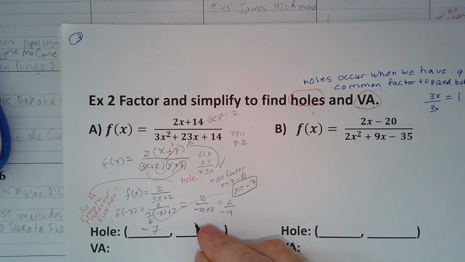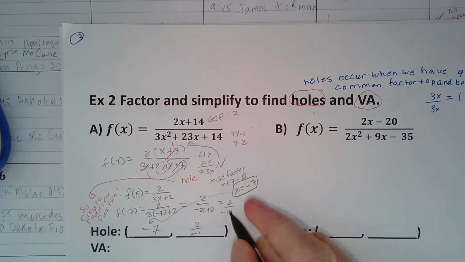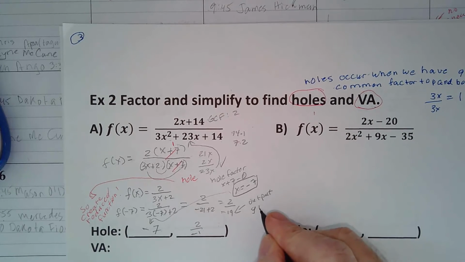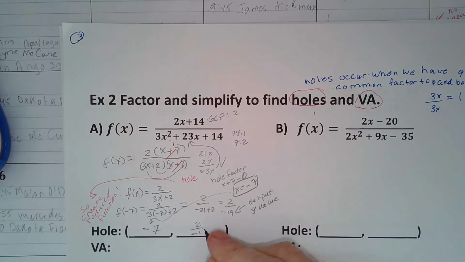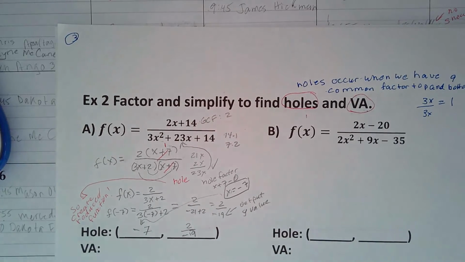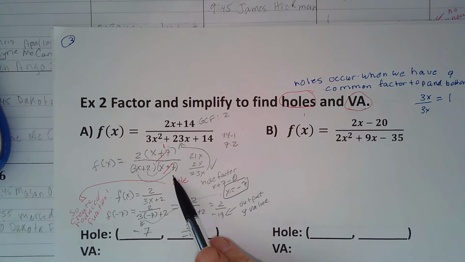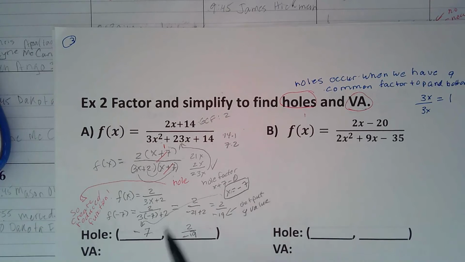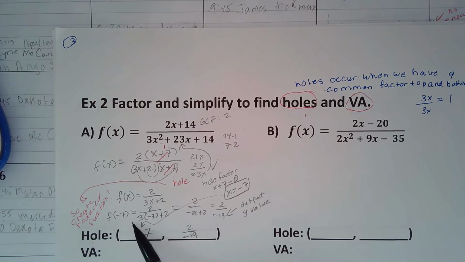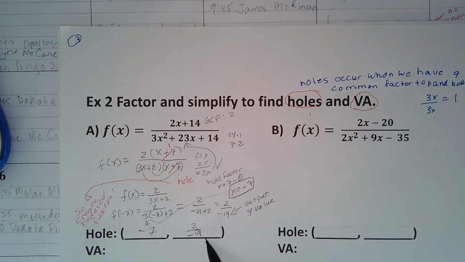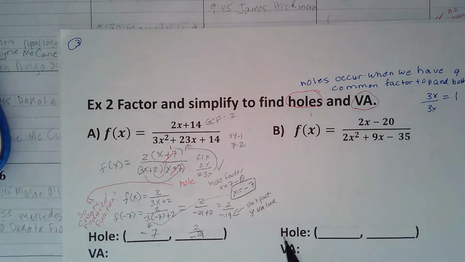And that's what goes down here, because that's your output, the y value. So 2 over negative 19. All right. So for the hole, you take its x value and make it the x value for the hole, and the y value is found by plugging the hole input into your reduced function and finding the output. So it's a shortcut of sorts.